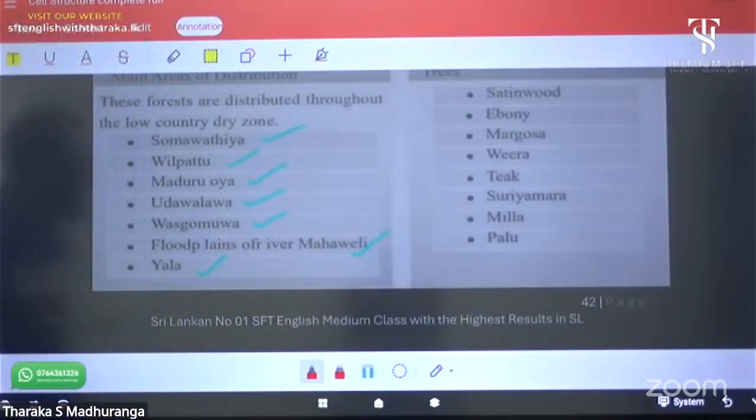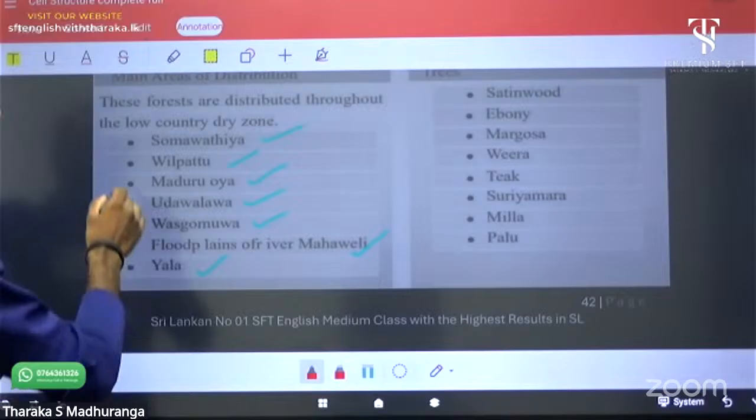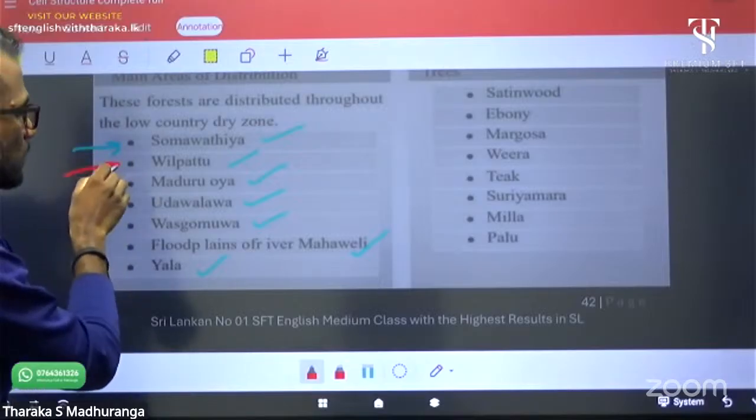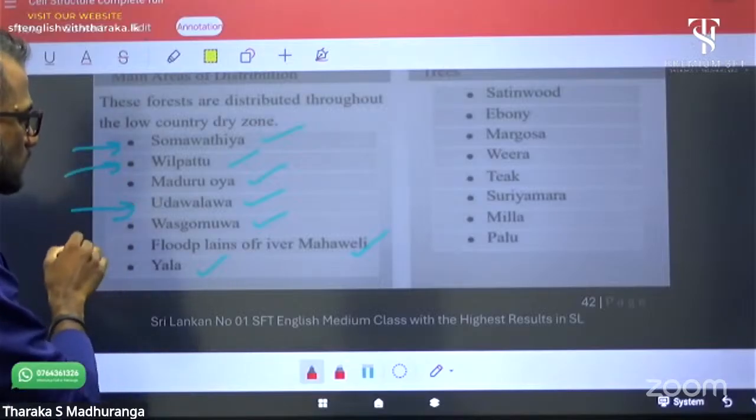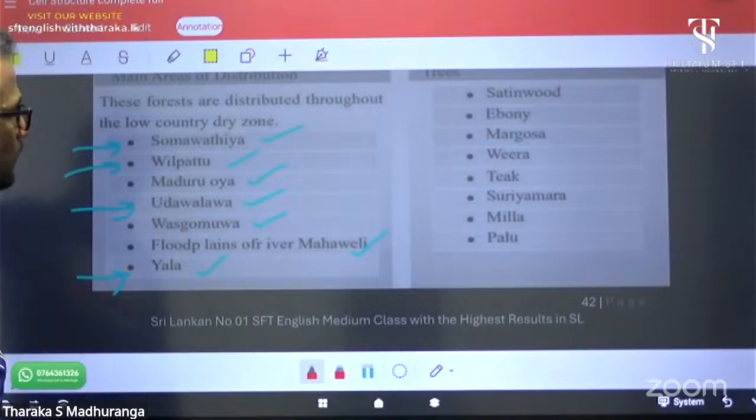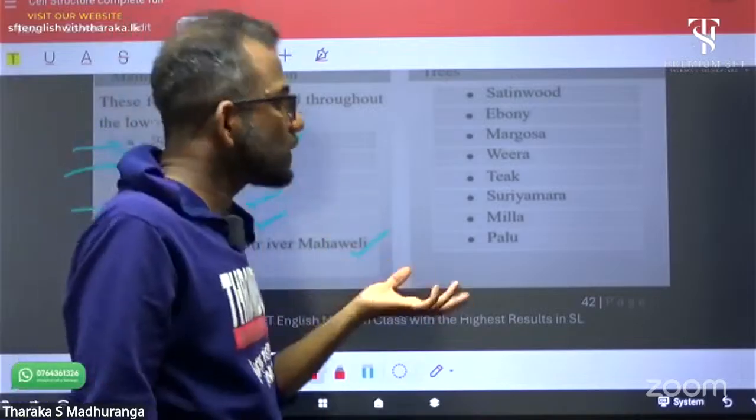You can remember these famous places: Somawathiya, Wilpattu, Udawalawe, Yala. Right? They are dry mixed evergreen forests.